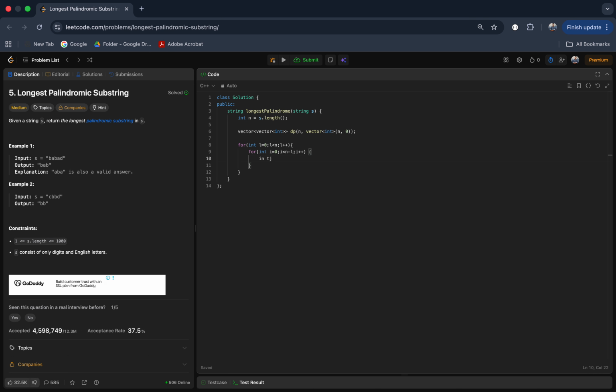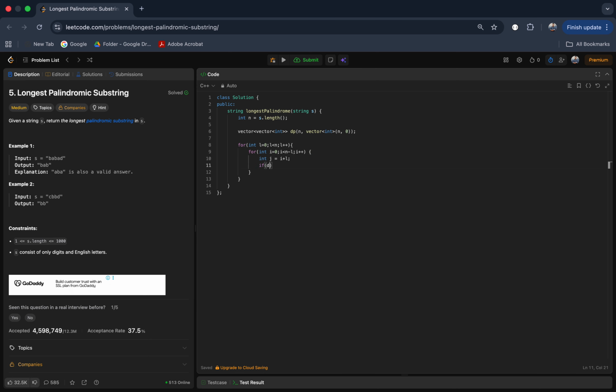Then we need to figure out the j here. j equals i plus l, because whatever the value of i is, l is telling us the length. So whatever the value of i is, we just add the length so that we can go to j.